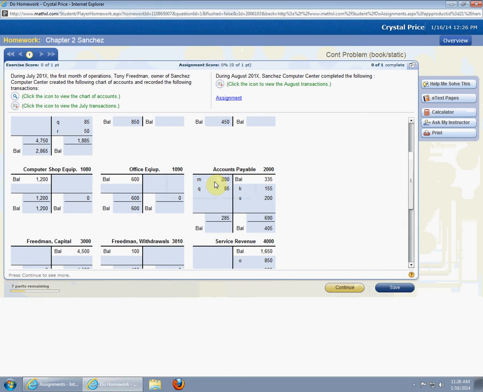You have to put all the zeros in the balances too. Yeah, I did, but I missed one somewhere. I think that's it. That's weird.